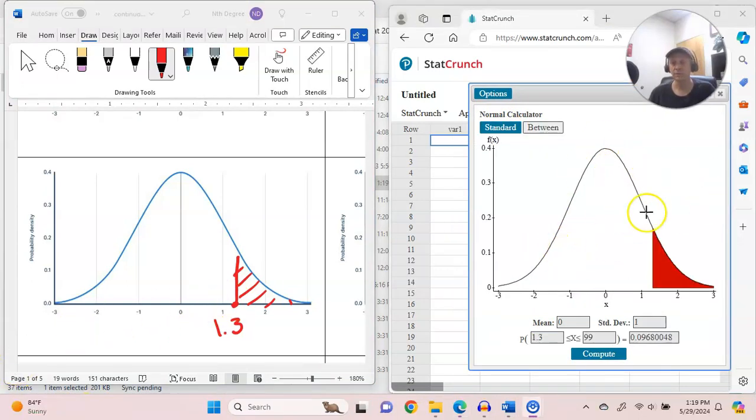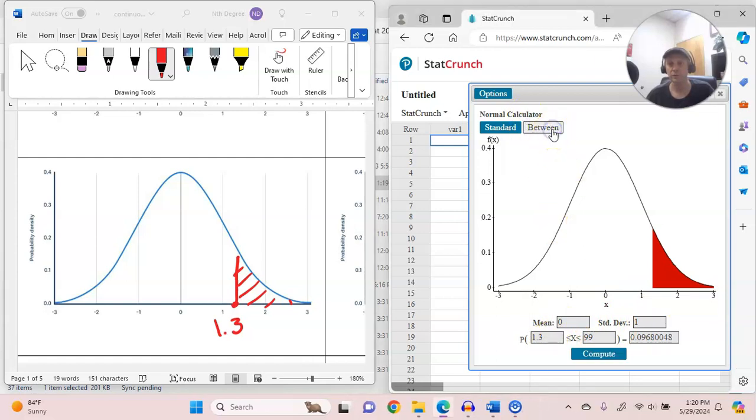All right, I had to basically reset this, but if we set it to standard, then it gives us z-scores up here, with 0 in the middle and a standard deviation of 1, which is reflected here. And in that case, we would just type in, let's do it with a between feature, our z-score.